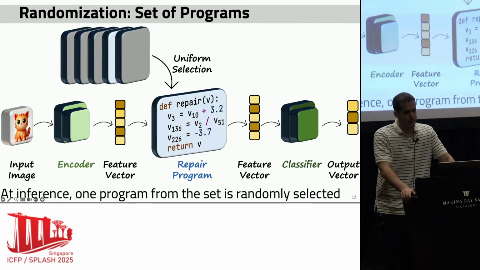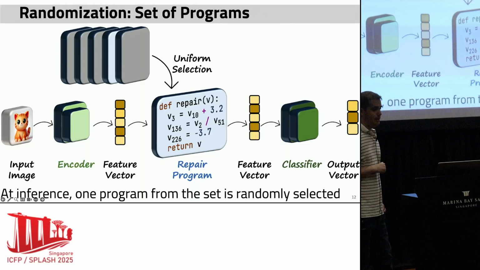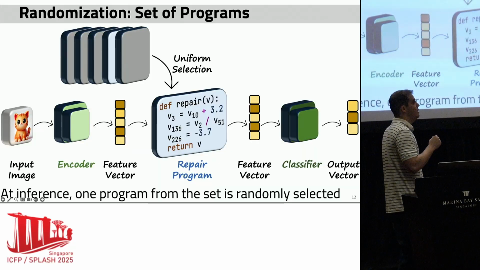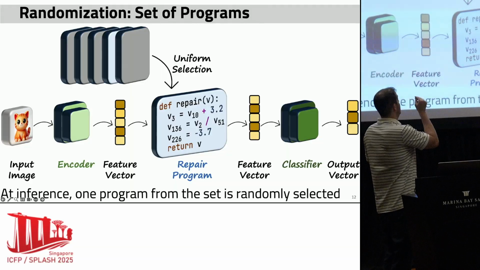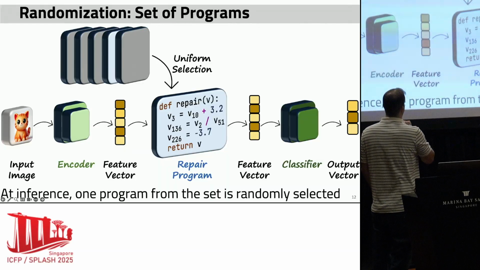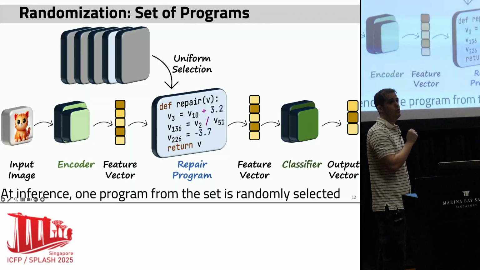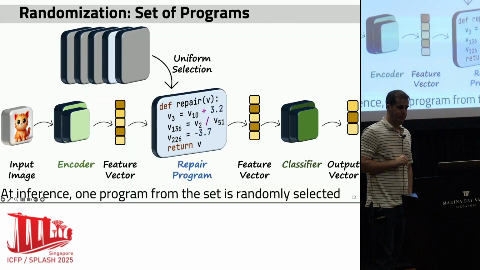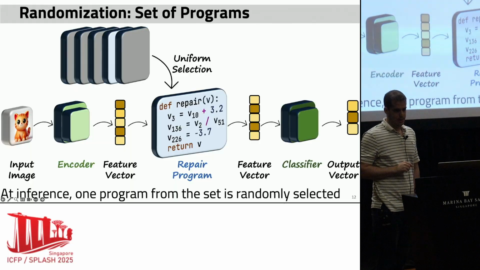So far, I described a single repair program, but in practice, for each data set and network, we synthesize a set of repair programs, and at inference time, we randomly select one of these programs and integrate it into the classification process to repair the feature vector.